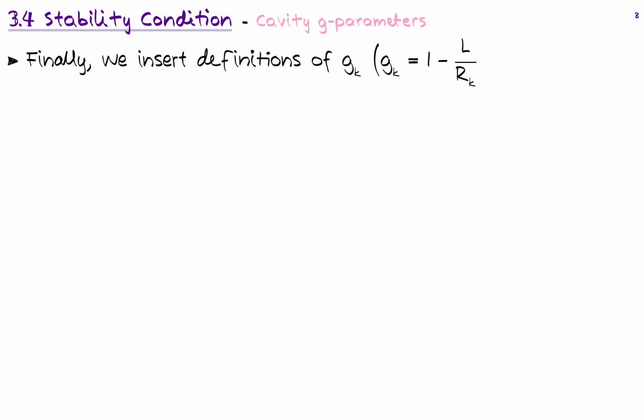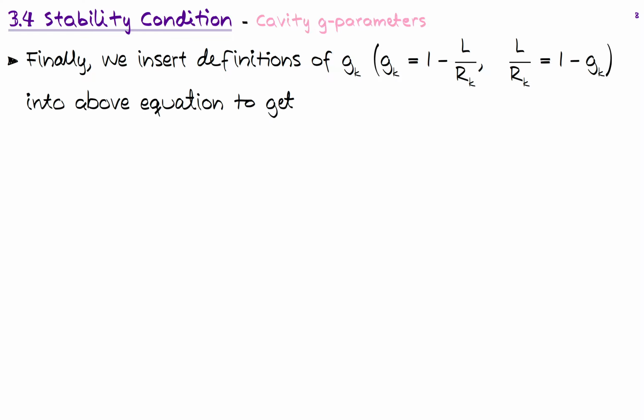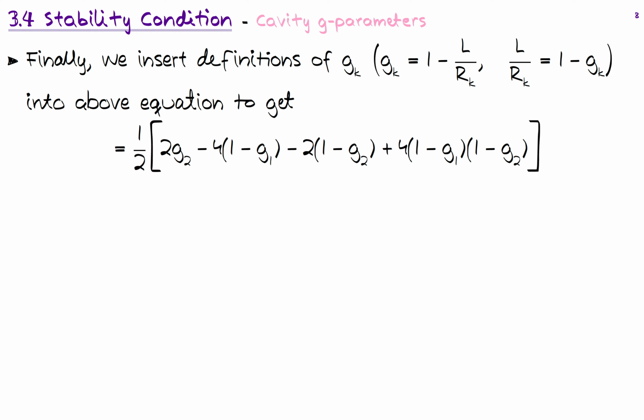Recall that G was defined as 1 minus L divided by R_k, where R_k is the reflectivity of a given k-th mirror. That's what we can plug into the above equation, and we get somewhat simpler mathematics, something like this, and we can simplify that this ultimately will be 1 minus 2 times G1 times G2.